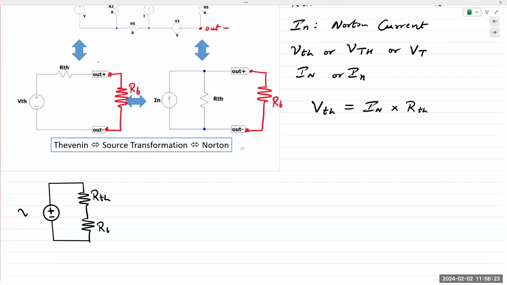And just as the example we saw of a dependent source previously, now VR6 is a one-step answer. It would be a fraction of VTH. Again, this is from voltage division.